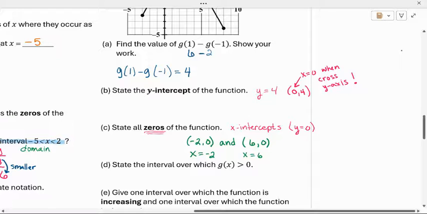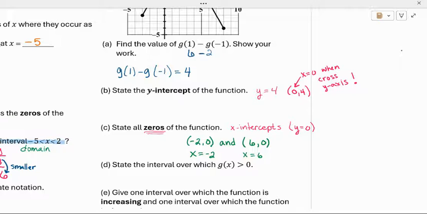I want you to know both ways because sometimes it'll ask for the coordinate, which means ordered pair, of the x-intercepts, and sometimes it'll just ask what the x value is. Okay.